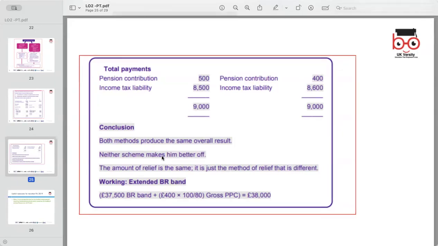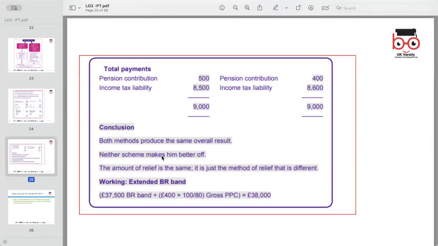So in both cases, his total payments amount to 9,000 pounds. The conclusion we draw from this comparison is that both methods result in the same overall outcome. Neither scheme makes him financially better off. The amount of tax relief he receives remains the same; only the method of relief differs between the two scenarios.